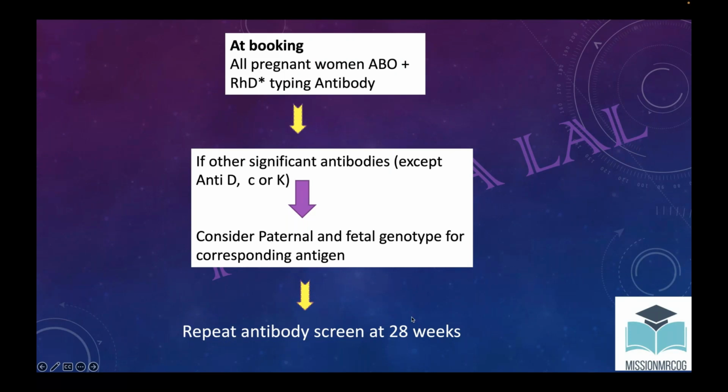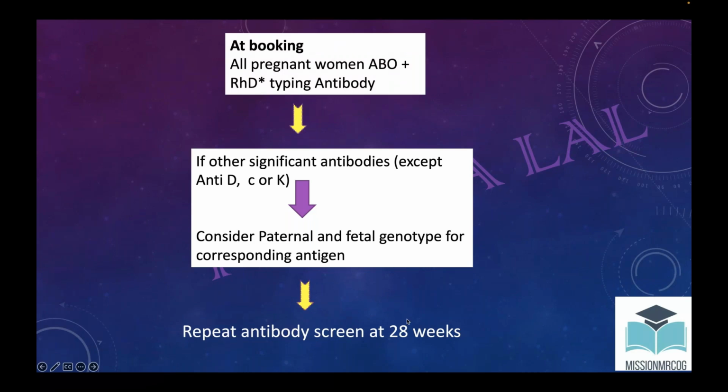So if we detect antibodies other than anti-D or anti-Kell, we want to know about the father, so paternal testing and fetal genotype are done, and the antibody screen again at 28 weeks.